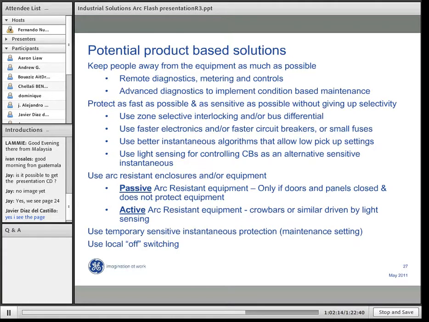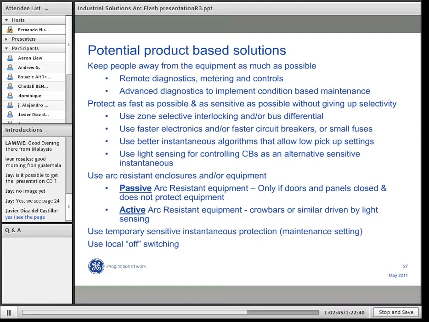So you can coordinate the instantaneous trips between two circuit breakers so that instead of having one circuit breaker on instantaneous and the next one on short time, you can have them both on instantaneous, but based on the I squared T let-through energy of the upstream breaker, the downstream breaker can coordinate with the upstream breaker.